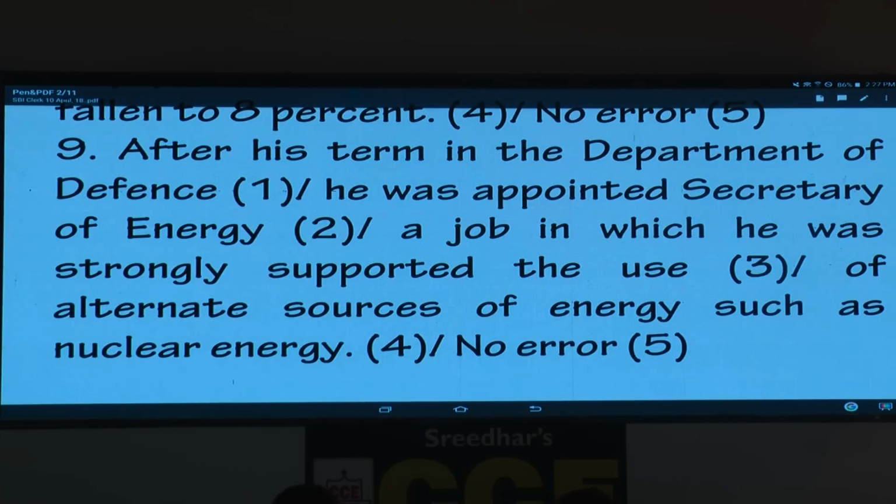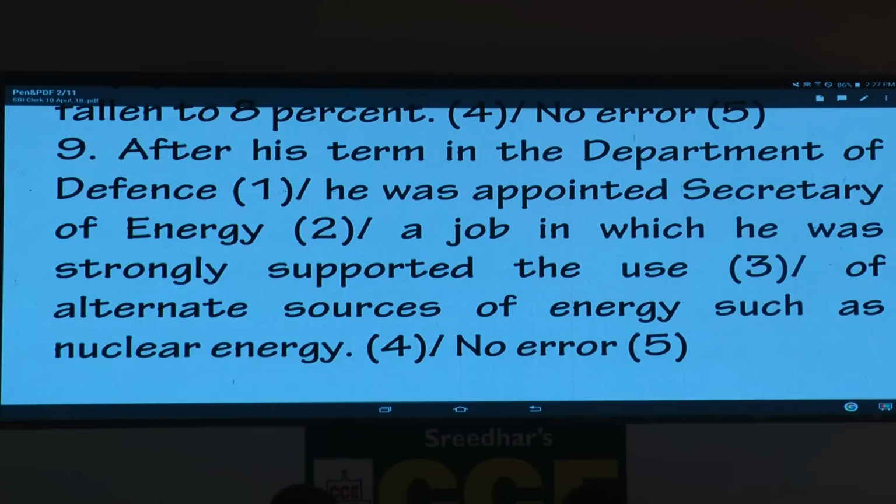Question number 9. After his term in the Department of Defense, he was appointed Secretary of Energy, a job in which he was strongly supported. Do you find any error in the third part? A job in which he strongly supported the use of, or he was strongly supported the use of.